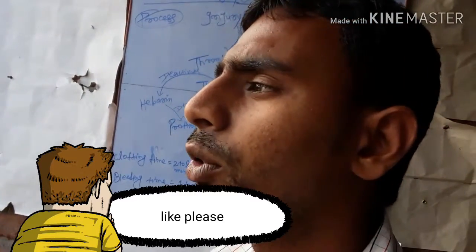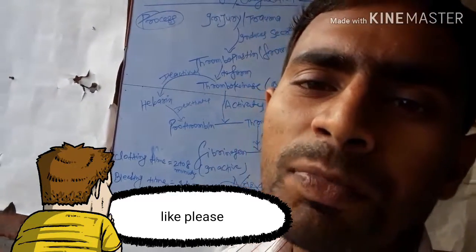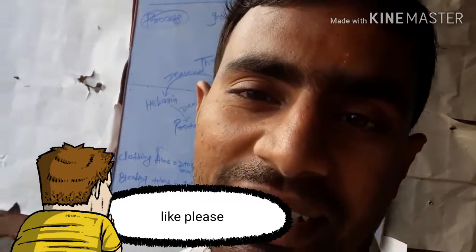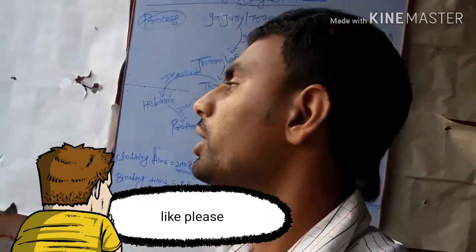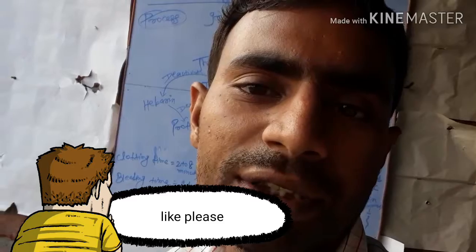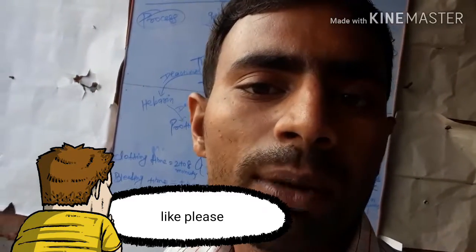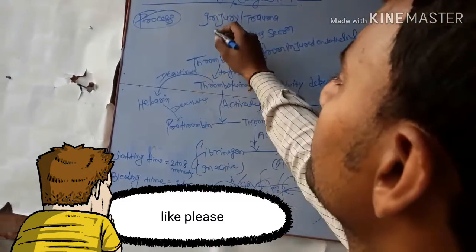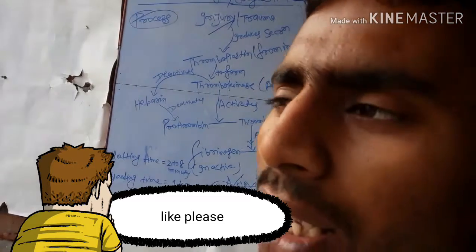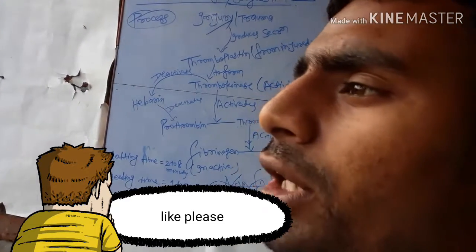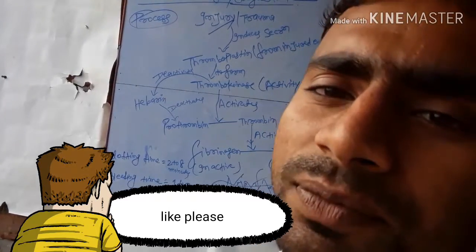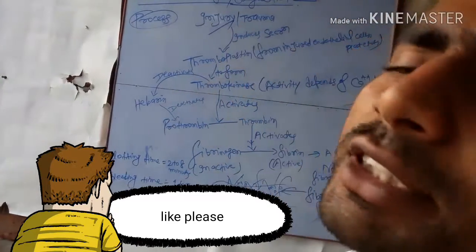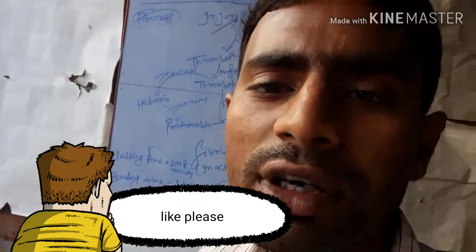So if you want to study the blood clotting process, first of all injury is necessary. Without injury, we cannot study the blood clotting process. Another term for injury is trauma, so you can use either word, injury or trauma.